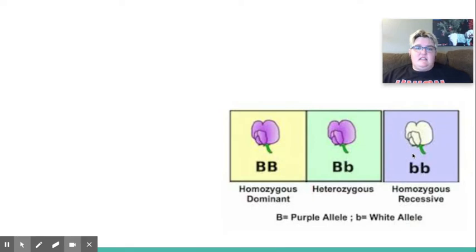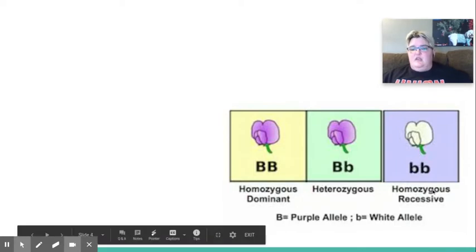And that means that it is white, because white is the recessive allele. So recessive means hidden unless there's no big one there, and homozygous means two of the same. So you've got homozygous recessive because they're two little ones, homozygous dominant, two big ones. And then when you put one of each together, it's heterozygous.